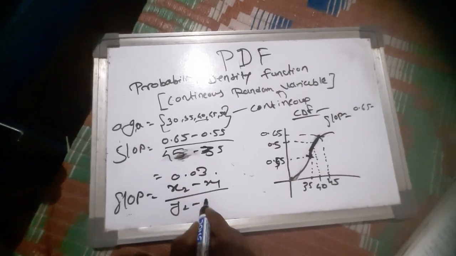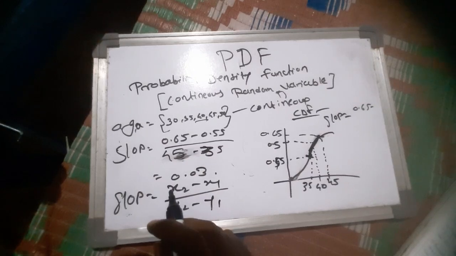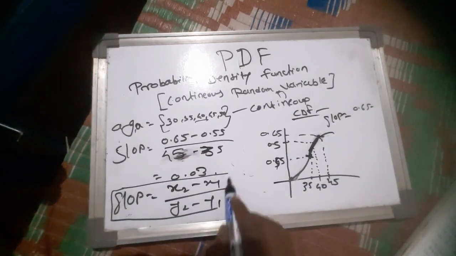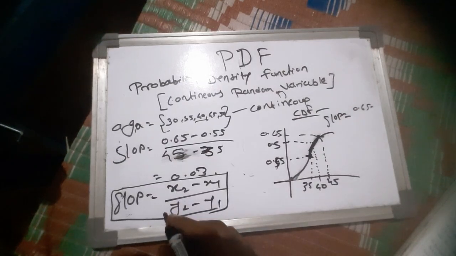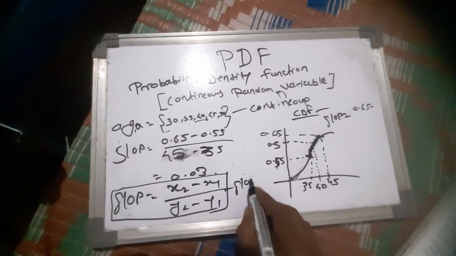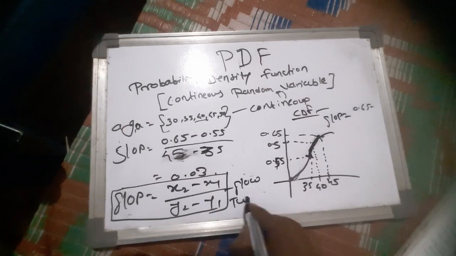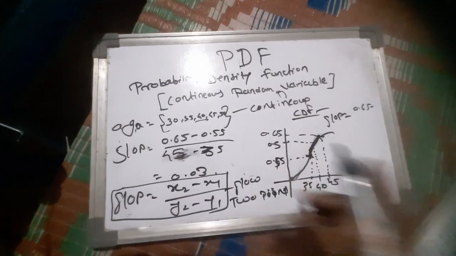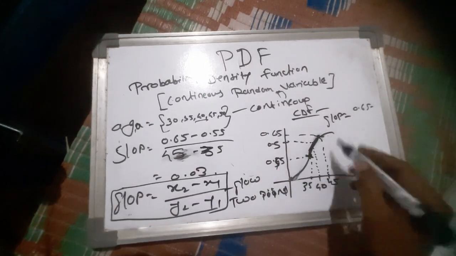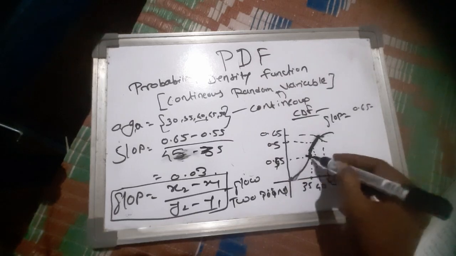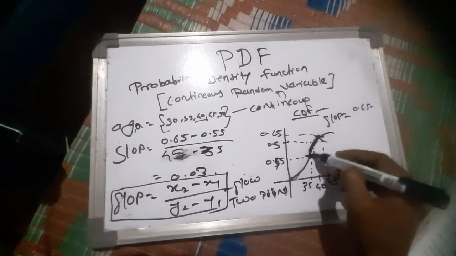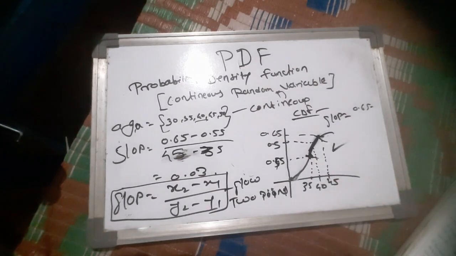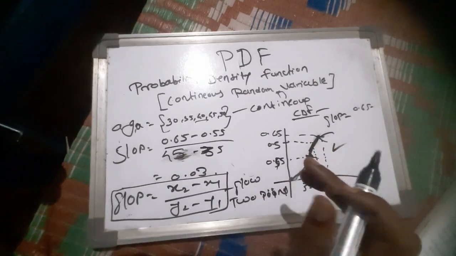This is the formula for slope between 2 points, right? In the CDF graph, take 2 points and calculate the slope between them. Okay, the PDF is done, and we will continue in the next video.